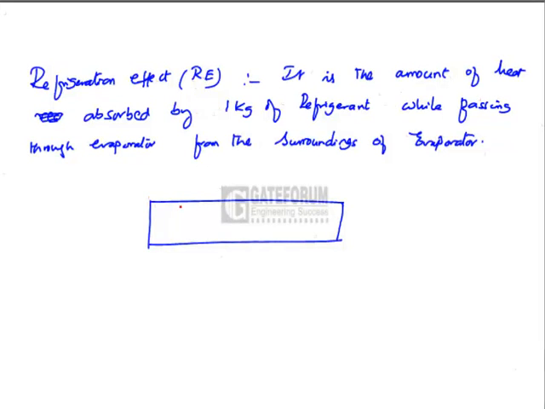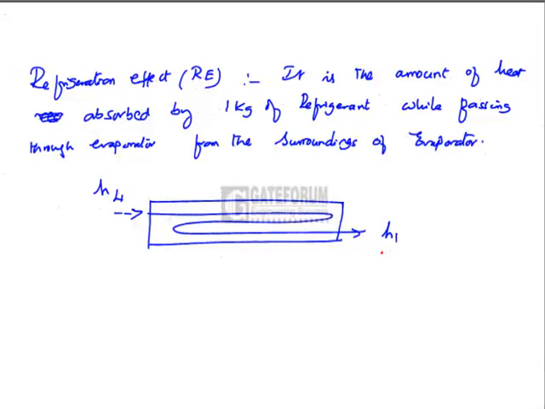Evaporator is a heat exchanger in which the refrigerant is absorbing heat. It is entering at enthalpy H4 and leaving at enthalpy H1. It is absorbing heat from the surroundings of the evaporator at a constant pressure.